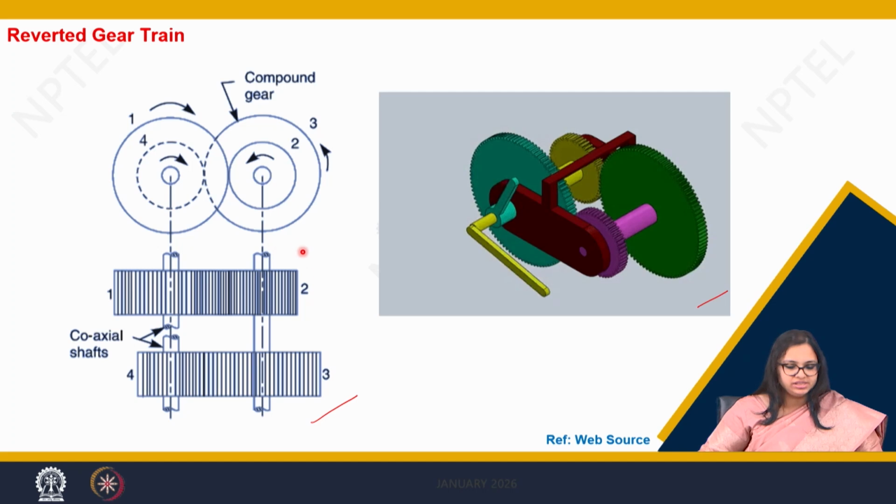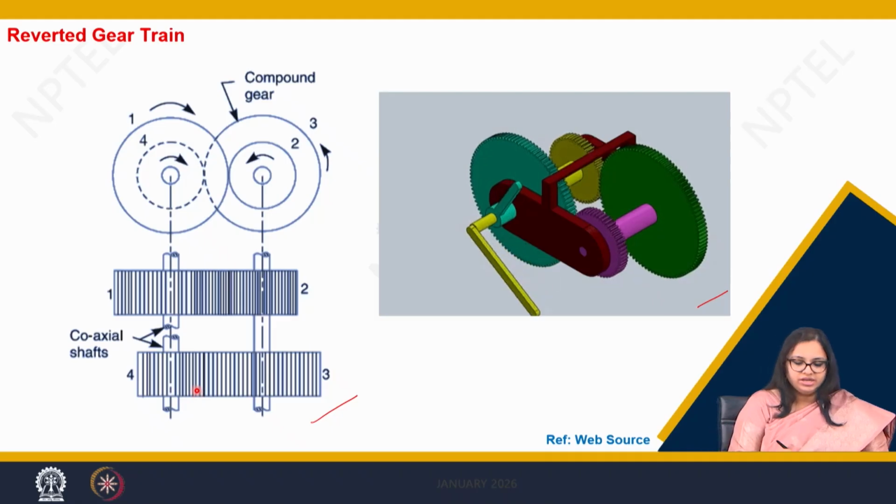There is one shaft and on it you have gear 1, and then there is another shaft on which you have gear 2. On the same shaft you have gear 3. You can see this is a compound gear where on the same shaft you have another gear, that is 3.